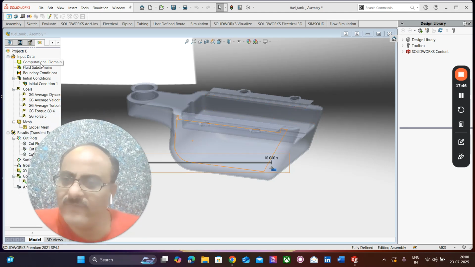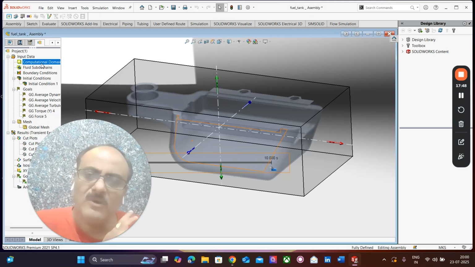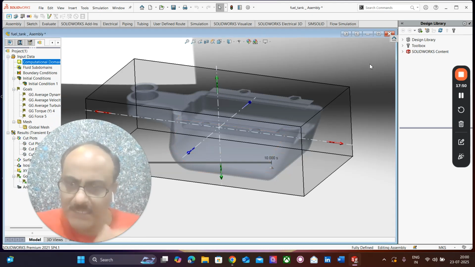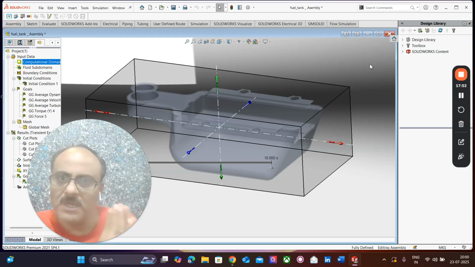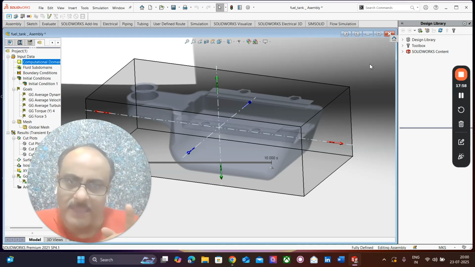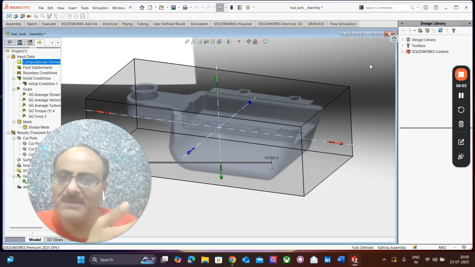So here we have the computational domain. This is the most important part. Any structure which is subjected to computational fluid dynamics needs to have a computational domain. Okay, so that particular domain is going to be an infinitesimal boundary. Okay, it's all assumption.